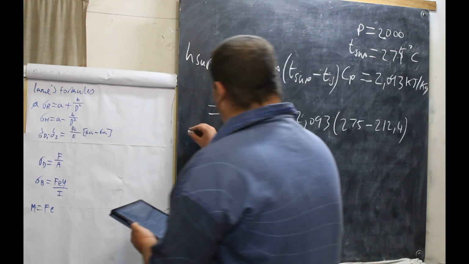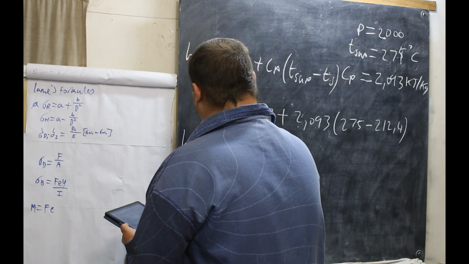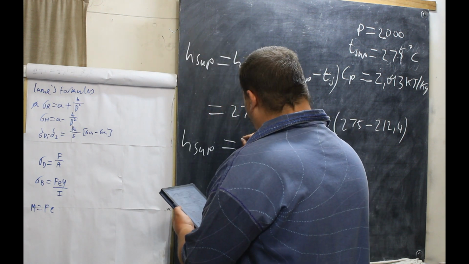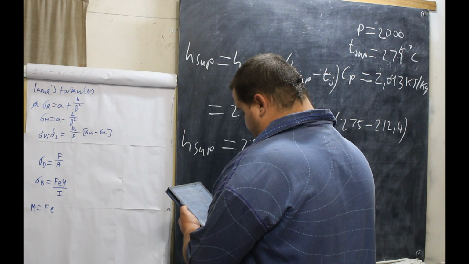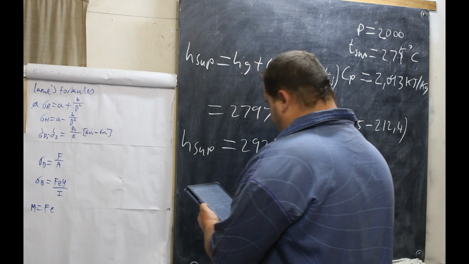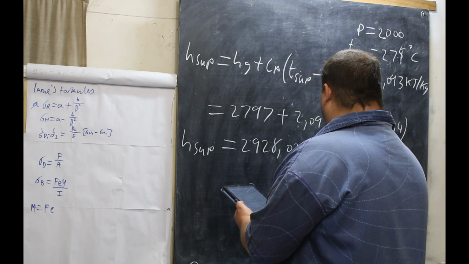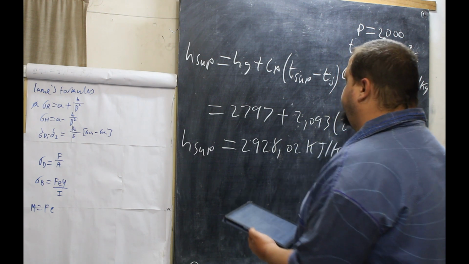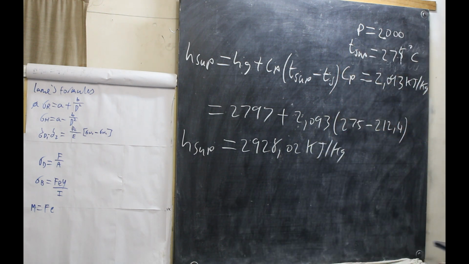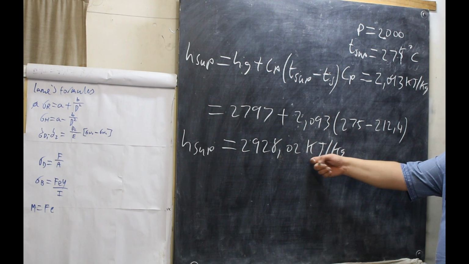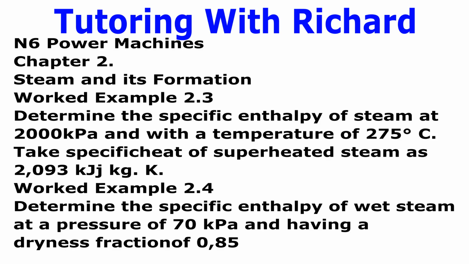So our H sup is equal to 2928,02 kilojoules per kg. All you have to do is take these numbers and stick them in your calculator, and you'll come out at this number. The next question, 2.4.